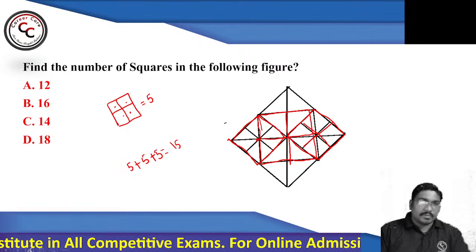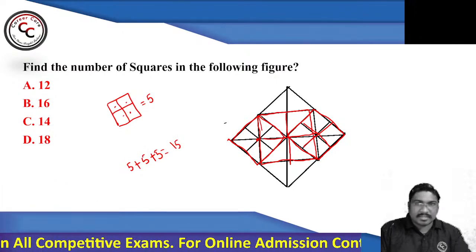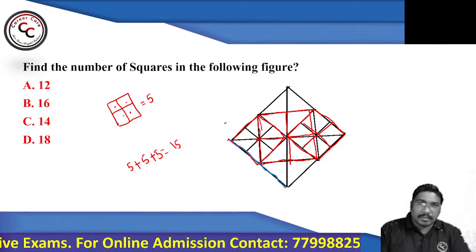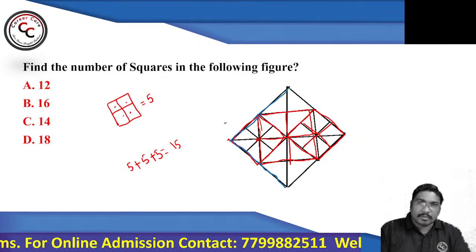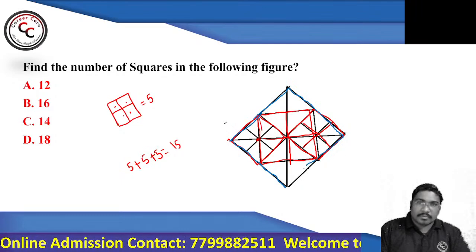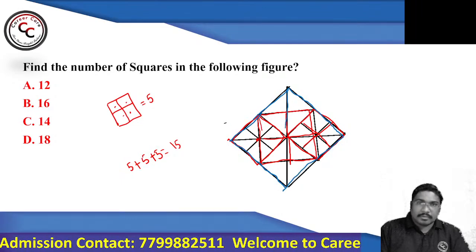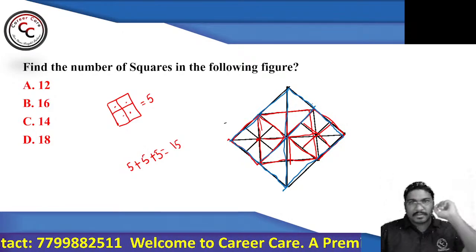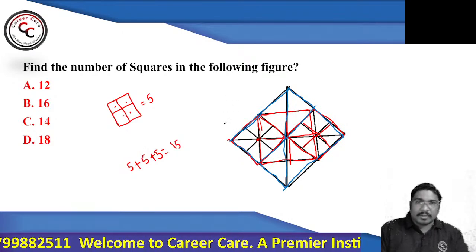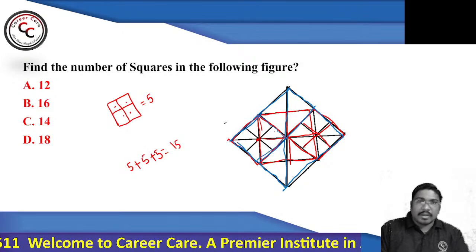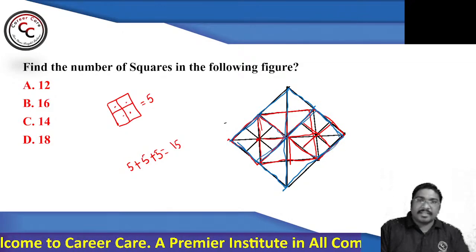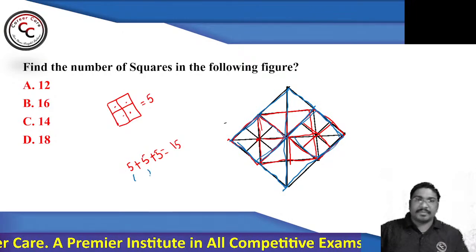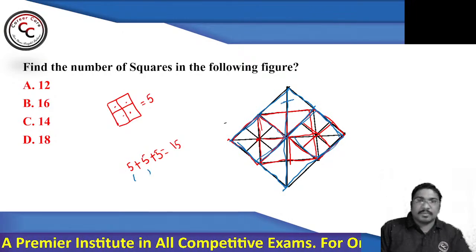Right. Now check for the combinations. Understand carefully. This is also one square, the bigger one. Right. So here also there should be 5 squares. But this square is already added. And this square is already added in these initial 5 5. So you need not add that again. So what is left?